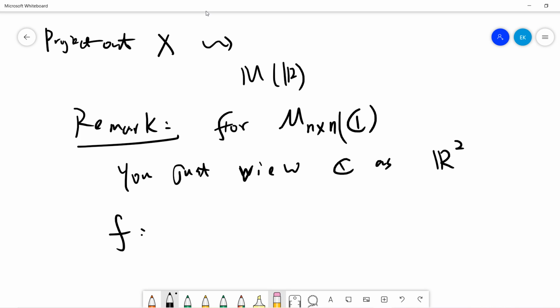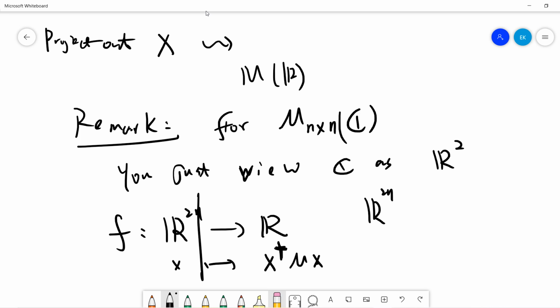So you can define f from R^2n to R, and define your x to map to x^T, as Hermitian, or basically complex conjugate, Mx, right? And you restrict x in R^2n to S^(2n-1). Okay, and by your extremal theorem, then you can easily prove the same results.